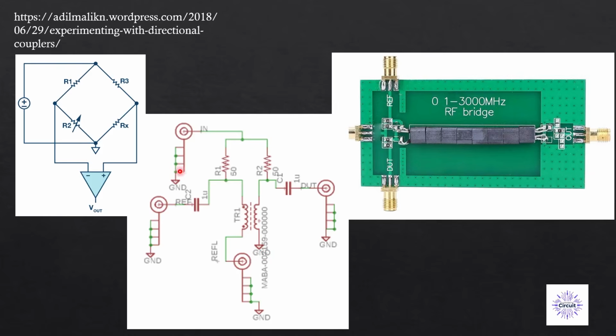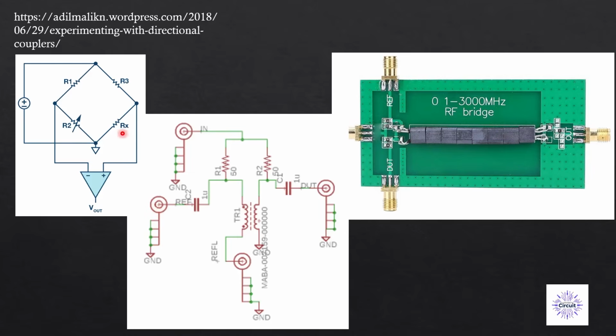Then what we have is this 250 ohm resistor. Then we also want to have 50 ohms on both sides of this branch. To one side, we connect the device under test, and to the other side, which is our reference, we just terminate it via a 50 ohm resistor.